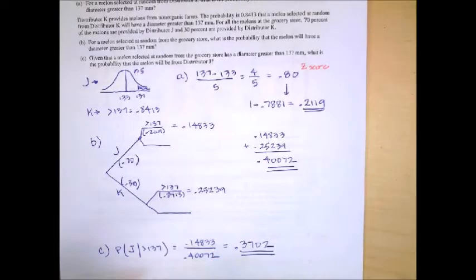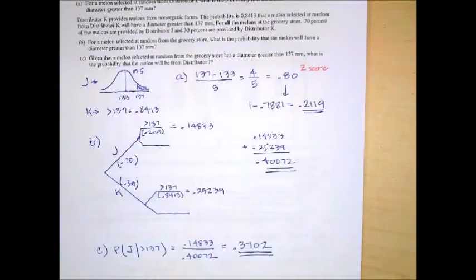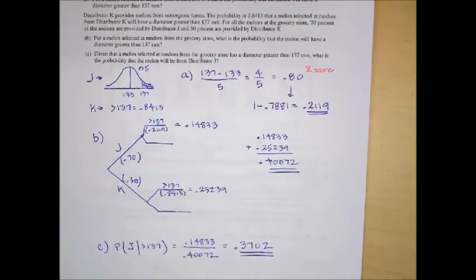But we shaded to the right, so it's 1 minus 0.7881, and so the answer is 0.2119.